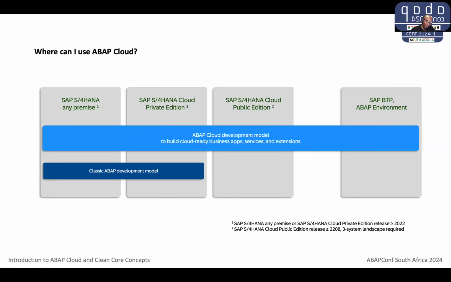If you want to start using ABAP Cloud but you don't have these systems, that's when side-by-side extensibility comes into play, where you make use of the BTP ABAP environment. You can connect that with your on-prem system using Cloud Connector, consume stuff from there and create extensions in your BTP environment.